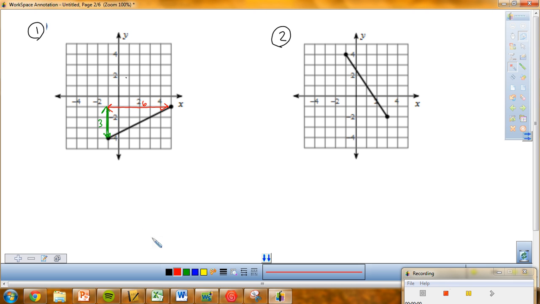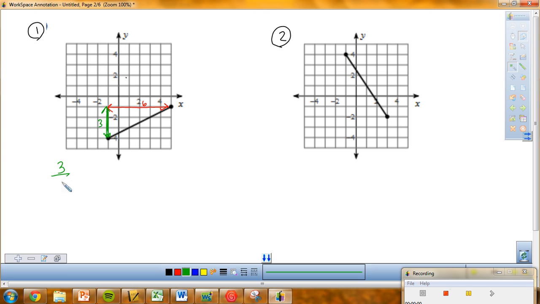So now I want to find the middle of this. Well, essentially, I want to find the middle of the distance going up and down, and the middle of the distance going side by side. So how am I finding the middle of 3? Well, what's the middle of 3? How would I figure that out?